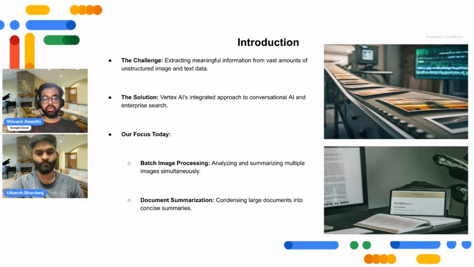These assignments could be submitted by students in an image format, and it would be very difficult to do it manually. For such use cases, Vertex AI comes to your help, and it can seamlessly integrate with the data pipeline that you already have and provide seamless results, which we are going to see in our demo today. Then comes document summarization.